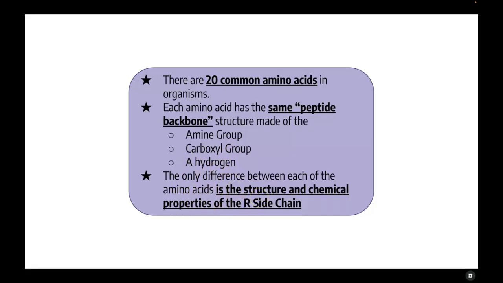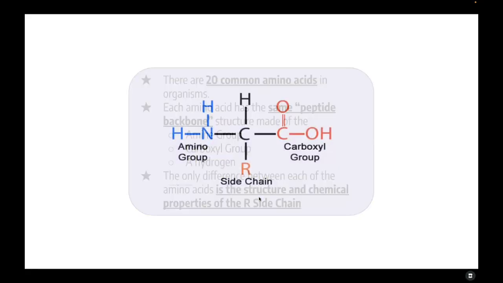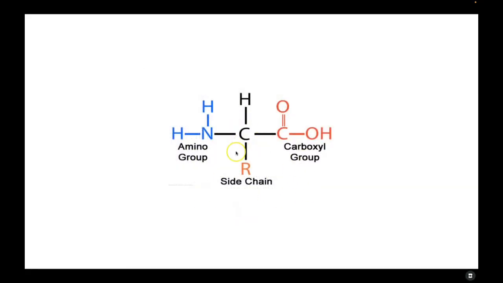And that's going to determine what type of amino acid it is. All right. So again, you have your amine group, which is NH2 or NH3 depending. You have your central carbon. You have your hydrogen, and you have your carboxyl group.